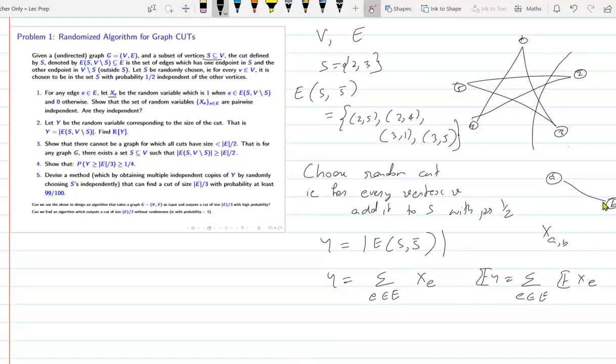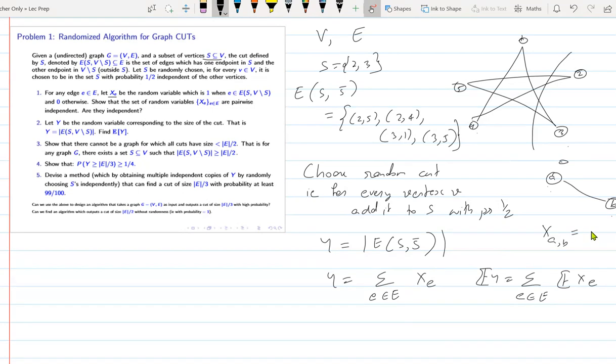No. So there are four possibilities for A and B belonging to the set or not, and each of the four possibilities is equally likely. We have independently tossed the coin for A and B. So for two of the four possibilities, it will belong to the cut: if it is 0, 1 or 1, 0, it will belong to the cut.